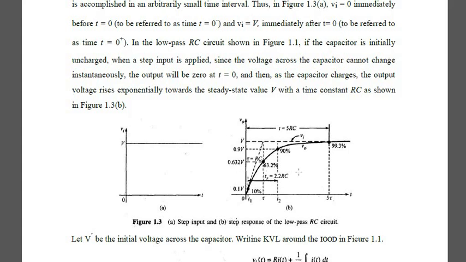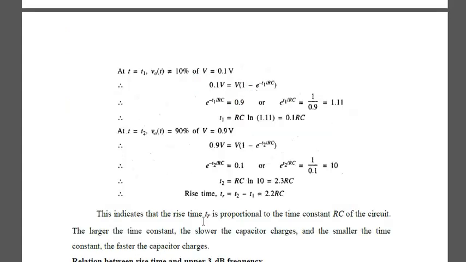So the difference between these two times is called your rise time, denoted as TR. As I have said, rise time TR is equal to T2 minus T1. T2 is the time when you reach the upper value, and T1 is the lower value.